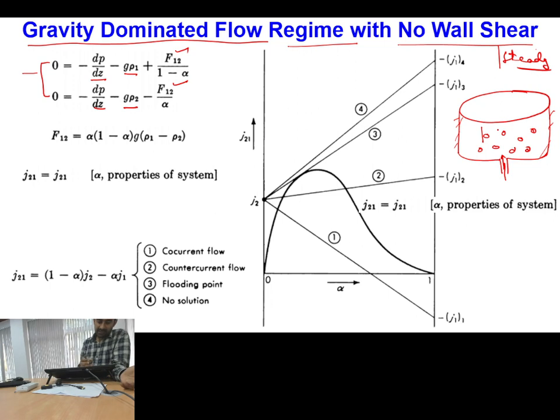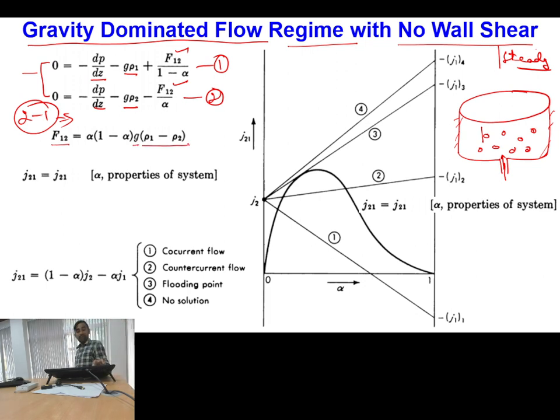In this scenario, if you do this, say this is equation number 2 and this is 1, then 2 minus 1 will give you that F12 is nothing but alpha times (1 minus alpha) g into (rho 1 minus rho 2).